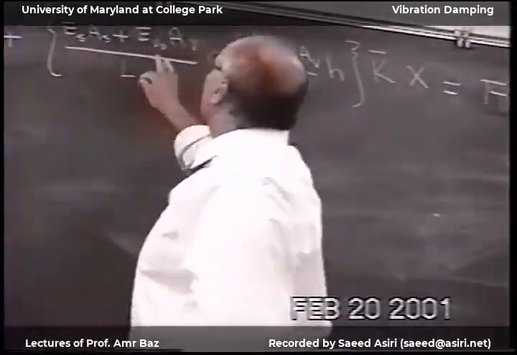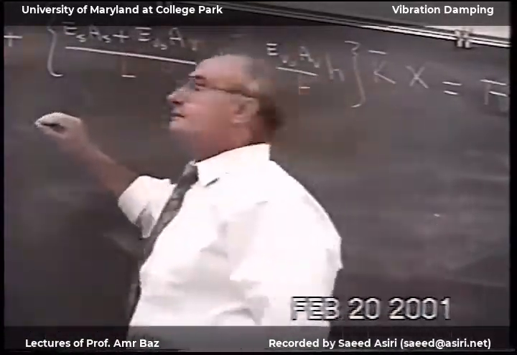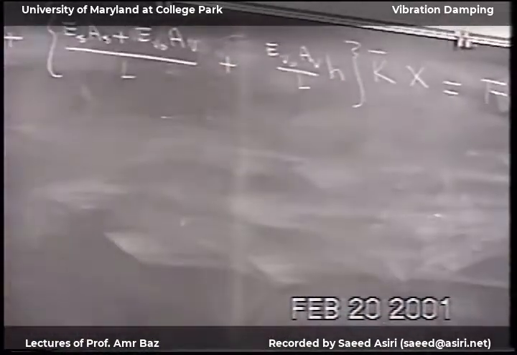Okay, now I'm going to factor this matrix out. This is m s squared x.